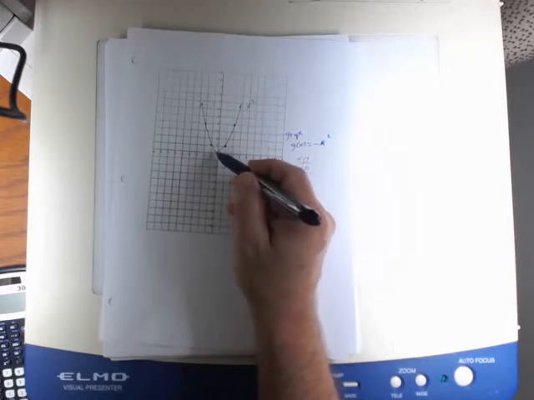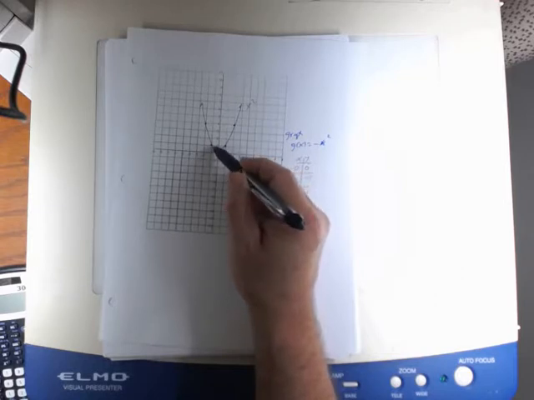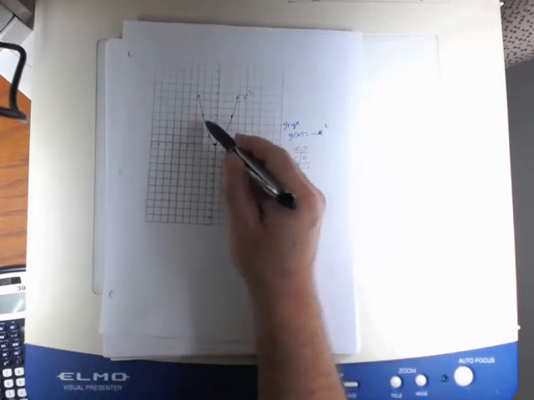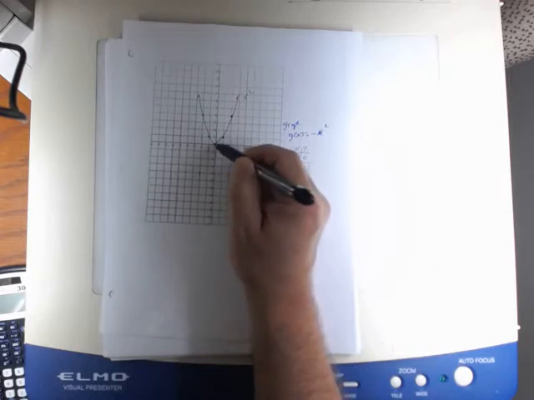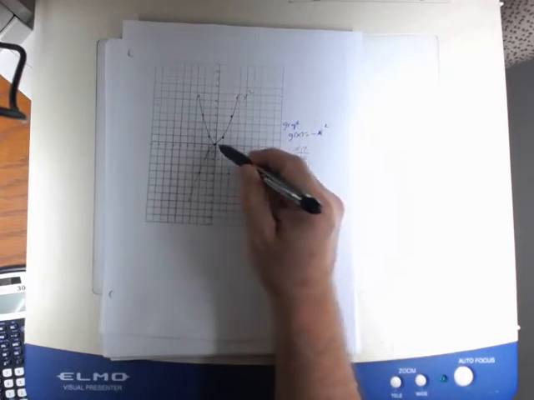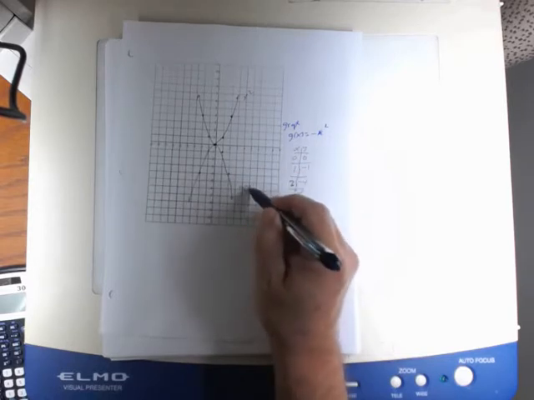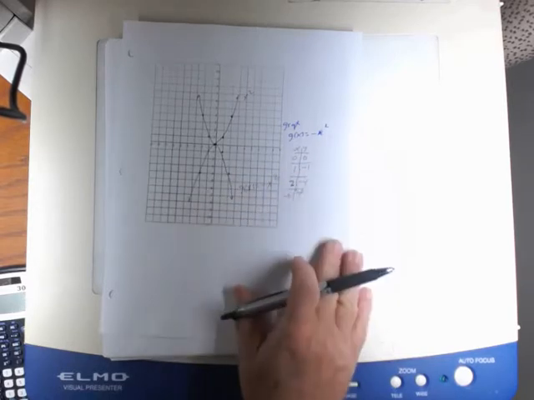What's the opposite of 0? So it stays there, right? This y value is what? 1. It becomes what? You can see it reflected. And then this is 4 becomes a negative 4, and you just connect them, and there's your transformation. So this is g of x equal negative x squared.